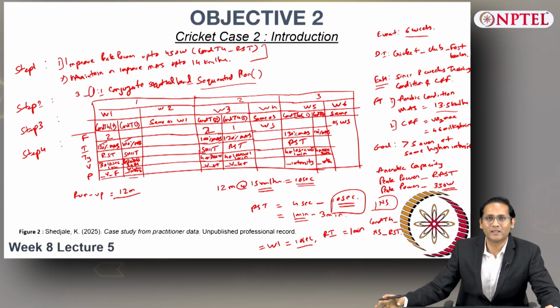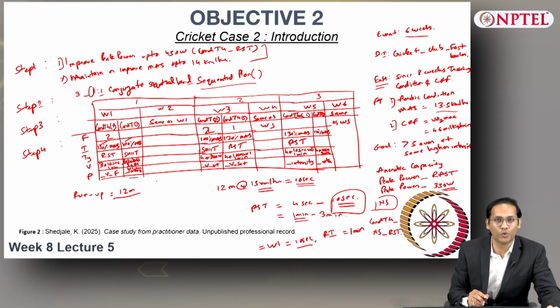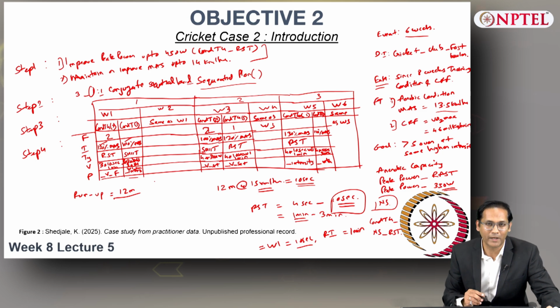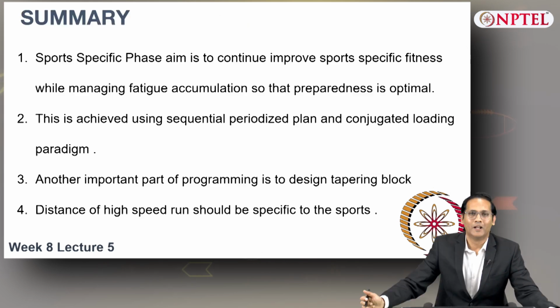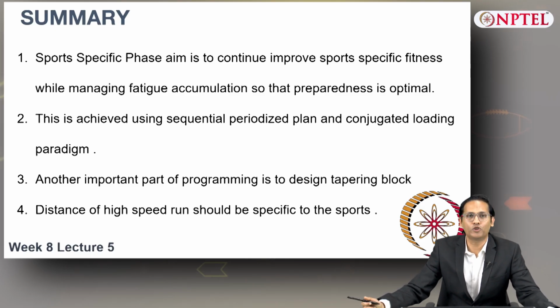So this is how you complete the program design, which is progressively overloaded, customized and balanced. So in summary, the sport specific phase aims to continue improving sport specific fitness variables while managing fatigue accumulation so that preparedness is optimal.